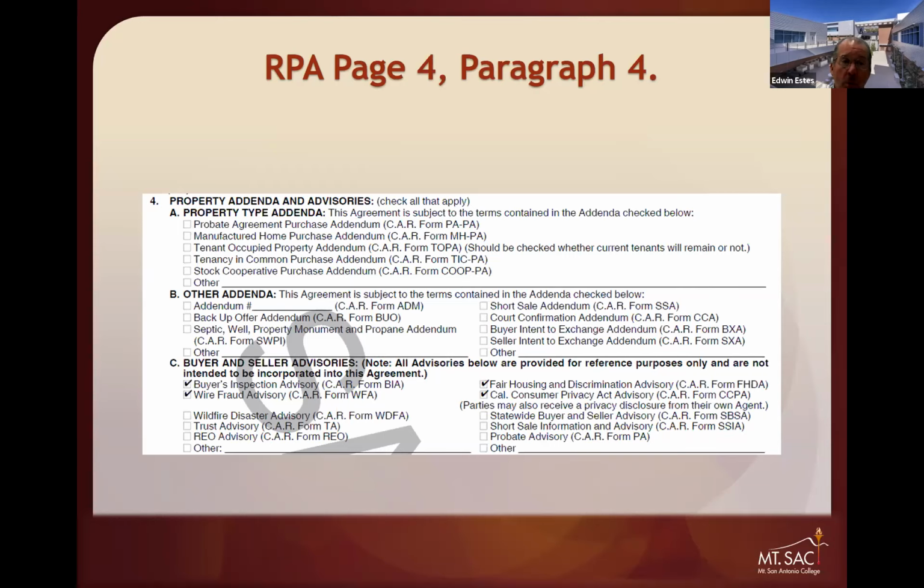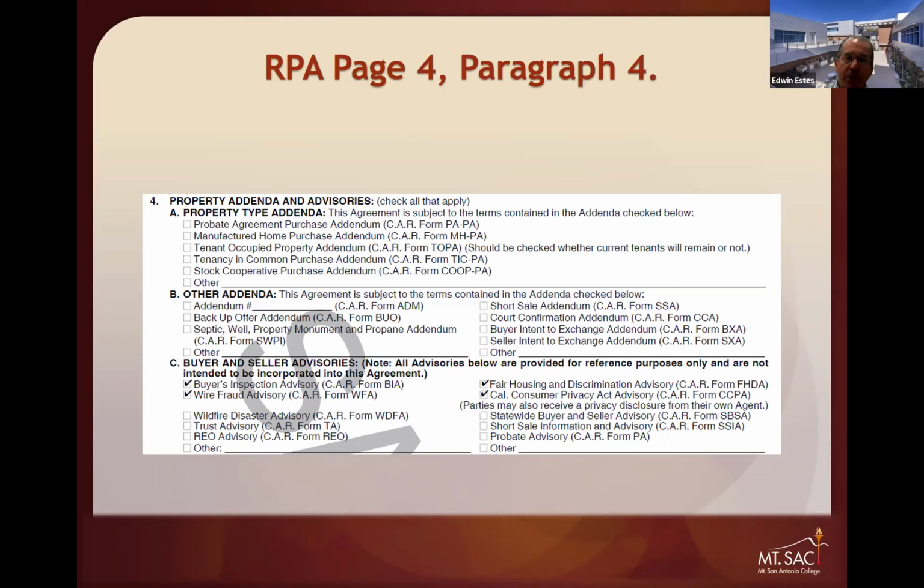Couple things under 4A, we've got some new forms coming out. Okay, we've got the tenancy in common purchase agreement, the TIC PA, or purchase addendum, and we have the stock cooperative purchase agreement addendum. Okay, so all of these addendums, probate, manufactured home, CAR used to have a probate purchase agreement.